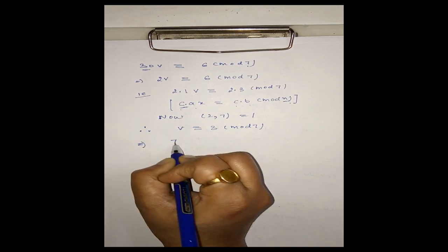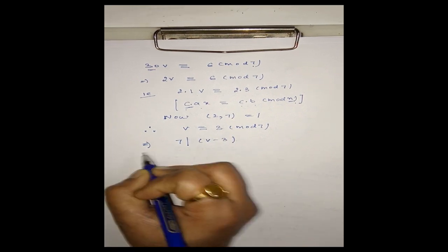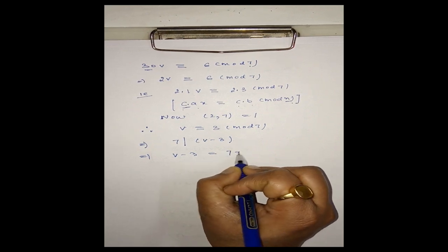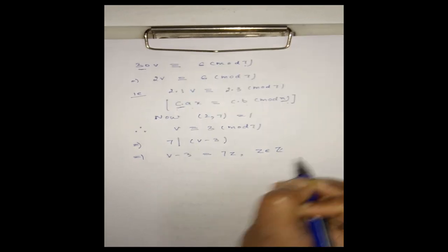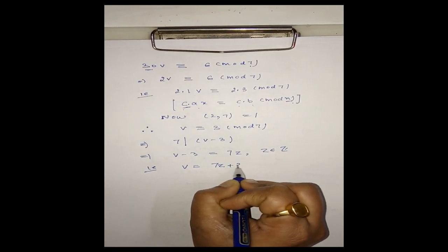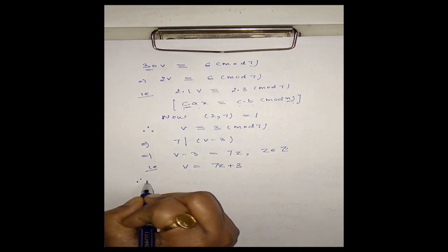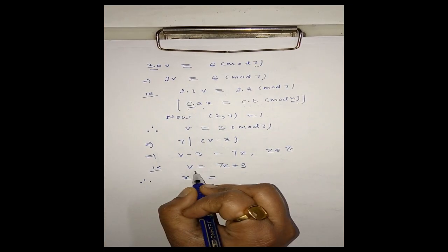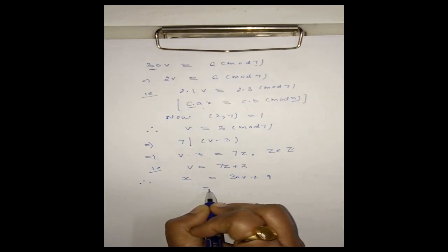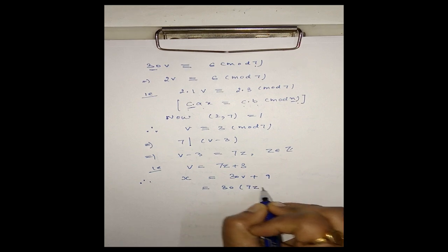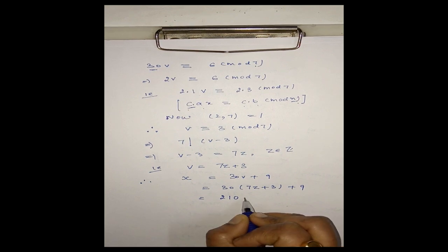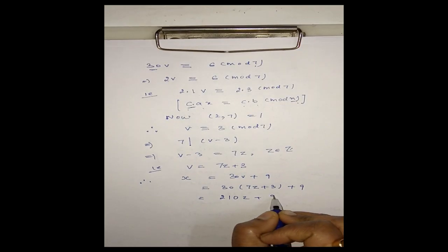And by definition, this implies 7 divides v minus 3. That means v minus 3 is equal to 7 into z for some integer z. That is, v is equal to 7z plus 3. Now we will substitute the value of v in x. x was 30v plus 9. That is 30 into 7z plus 3 plus 9, which is 210z plus 90 plus 9, that is 99.